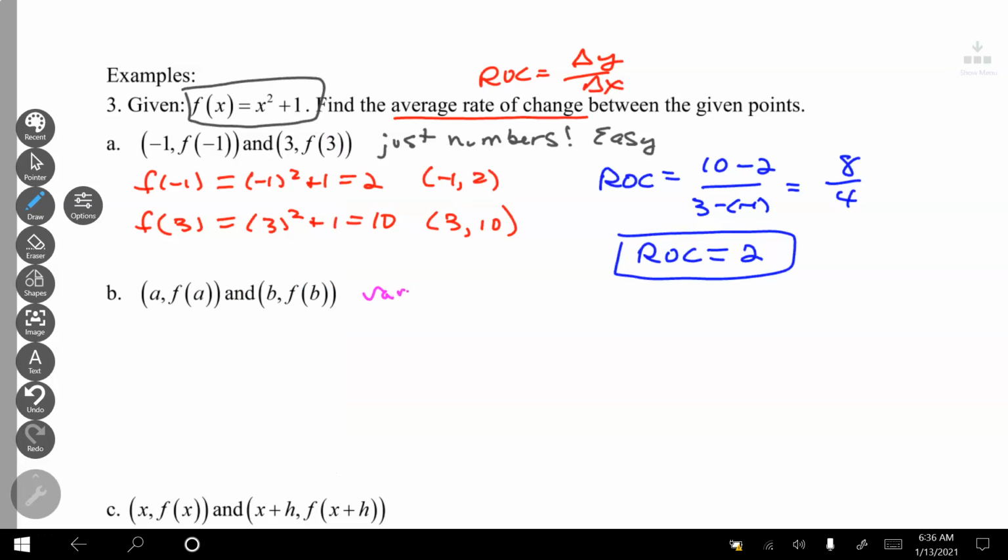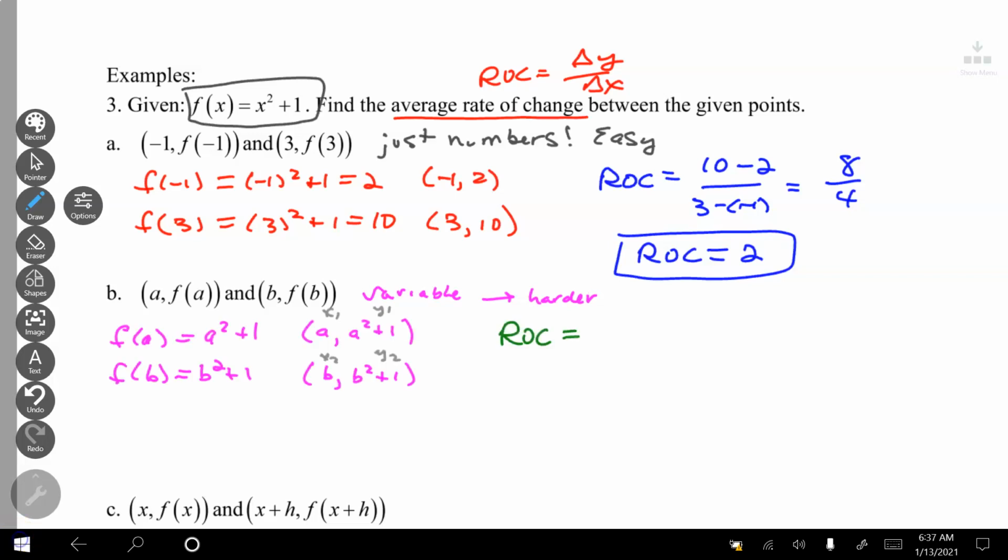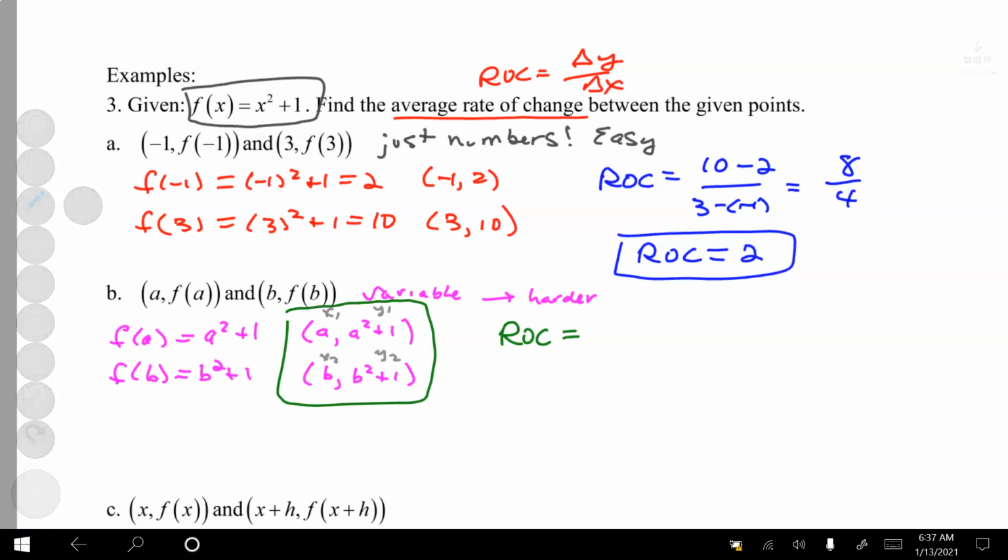Next one's a little bit harder because I have variables a and b. So I have to plug those in. I'm going to go off camera to do that. So when I plug a and b into the original function x squared plus 1, I get these ordered pairs. I'm still going to do the same thing: y2 minus y1 over x2 minus x1.